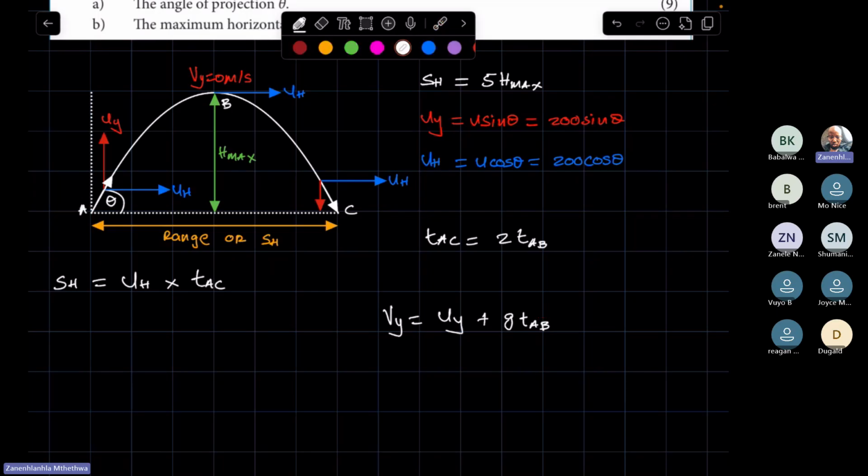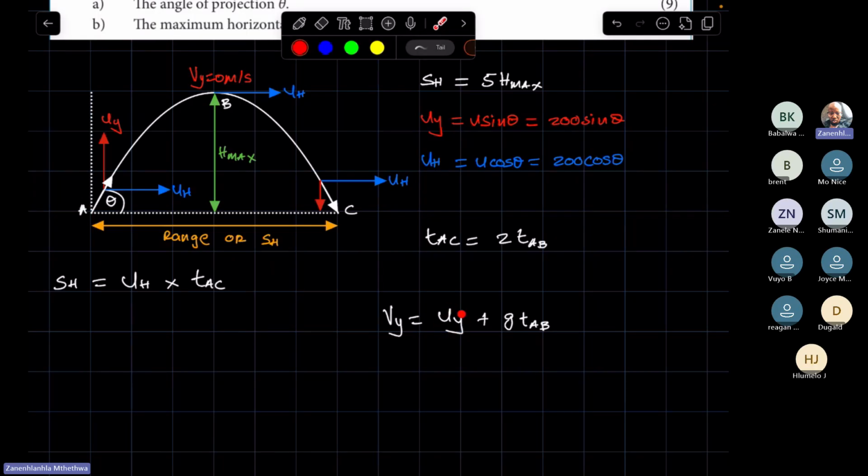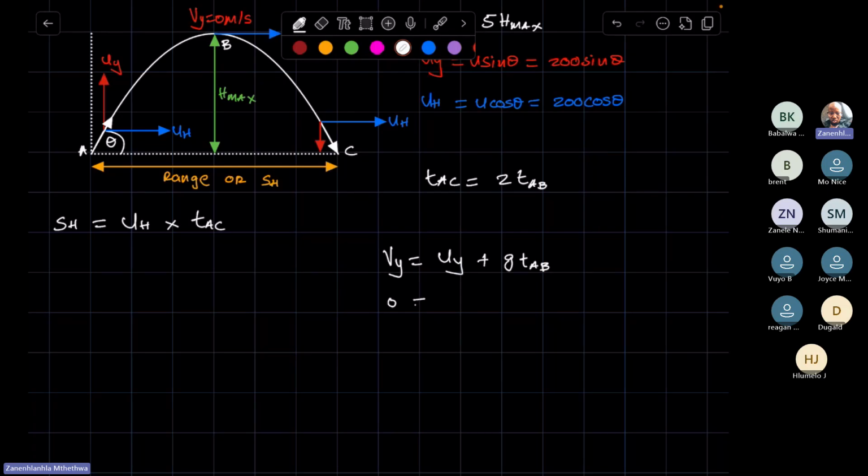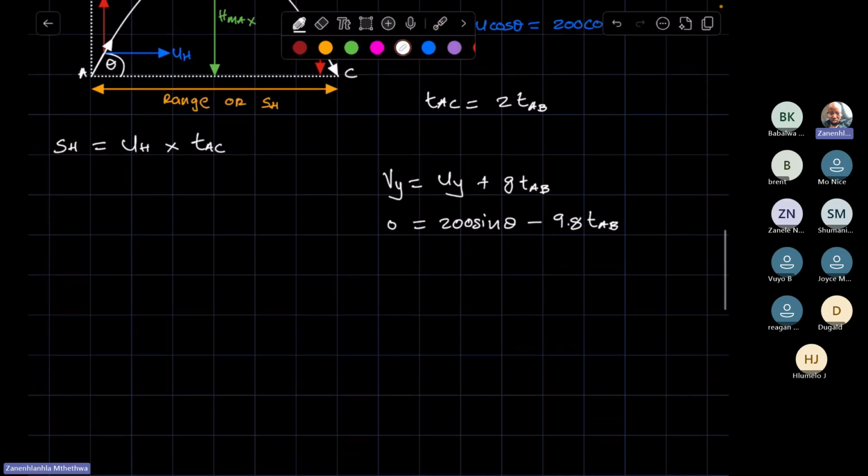Because we do not have time, we have to express time in terms of the velocity. So Vy is equal to 0, this here is 200 sine theta, and this will become negative 9.8 TAB. Why? Because G is negative. Now you take this and transpose it to that side, and it becomes positive.